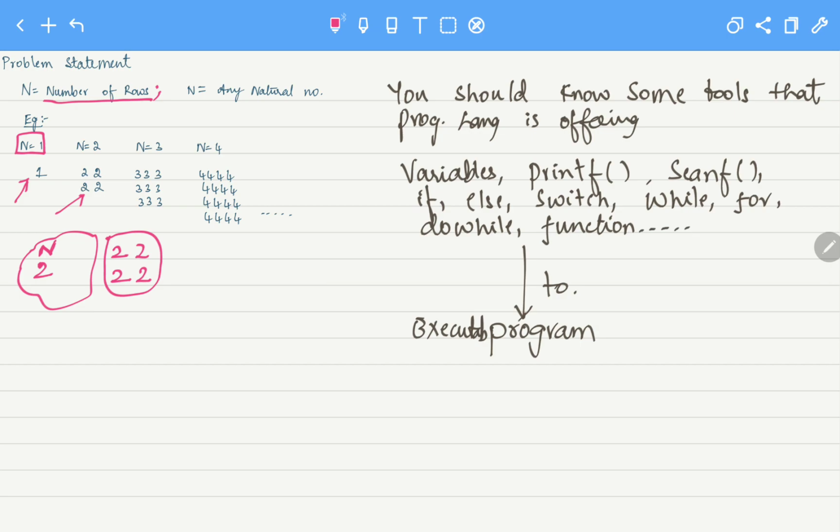So likewise, if you understand how your brain is functioning, the first thing it is understanding is what is the number? How is it extracting the information as to what is the number?